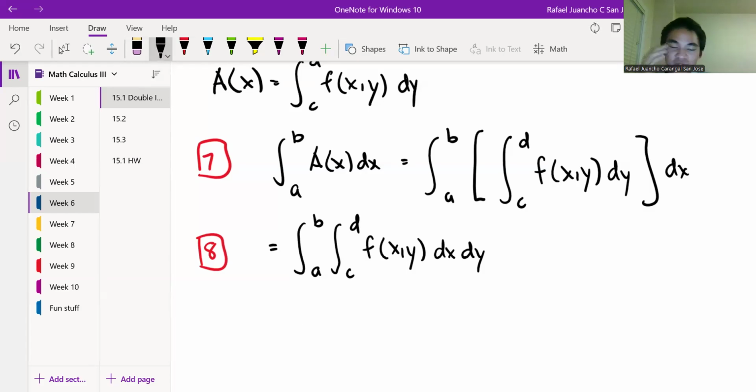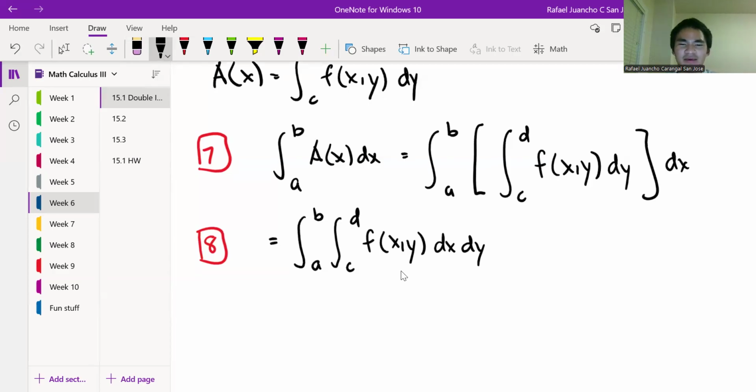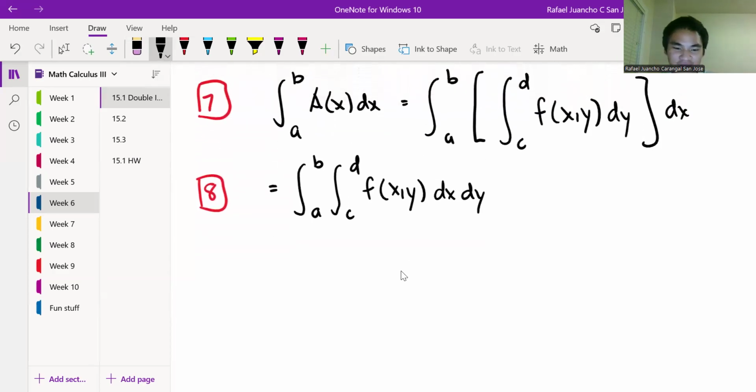We could integrate it with respect to x and then with respect to y. Let me see. So here we first integrate with respect to x, then we integrate the resulting function of y with respect to y.